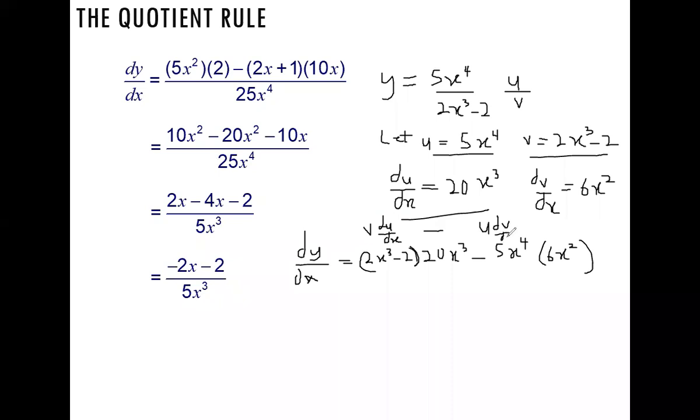So that is what we have just done here. Then we need to divide through by v squared. So that also will be, v is 2x cubed minus 2, all raised to the power 2. Good.